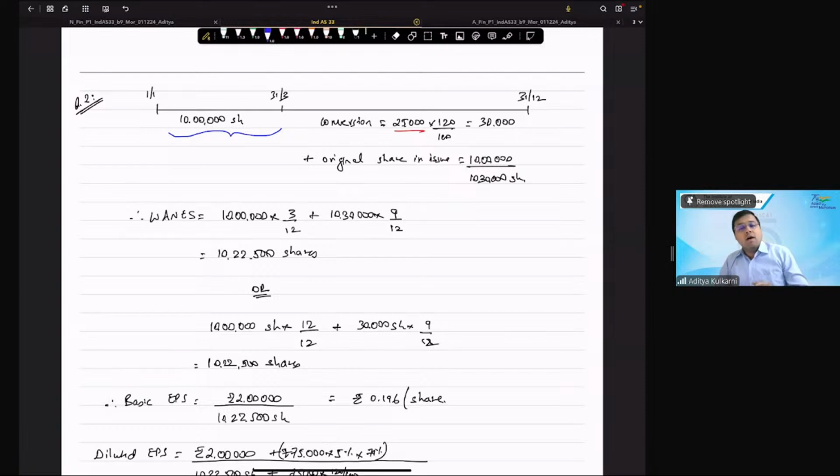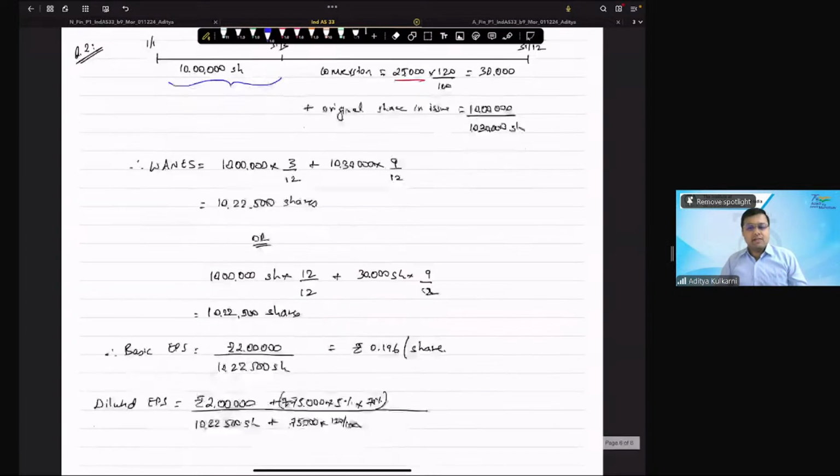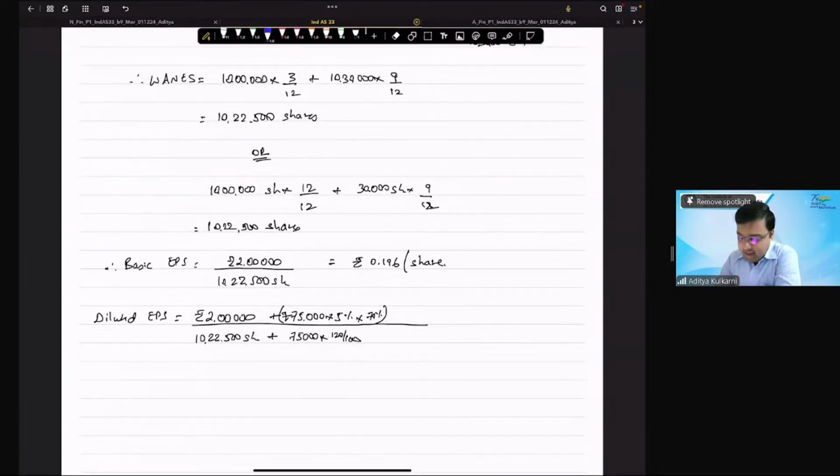Answer is no. Were they convertible? Answer is yes. So were they potential in nature for the first 3 months? Yes, sir. So we will have to consider that in the potential conversions. Any doubt? No doubt?